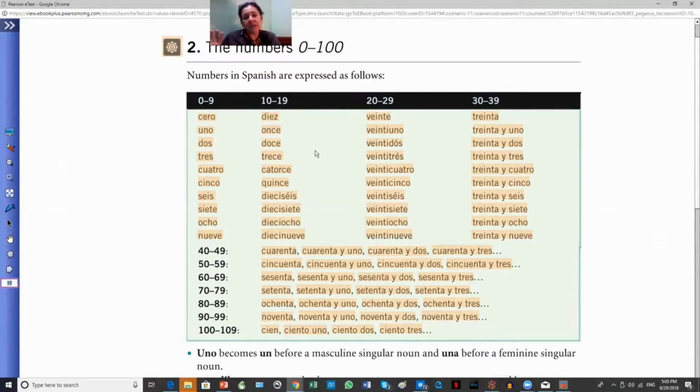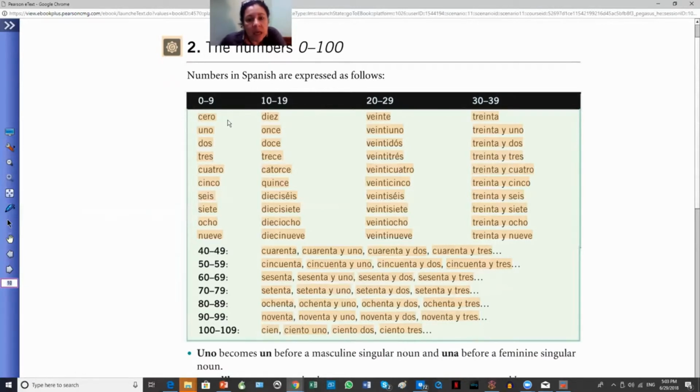A few pieces to mention about numbers are these. Notice that we go on a single number from 0 to 15, ¿sí?